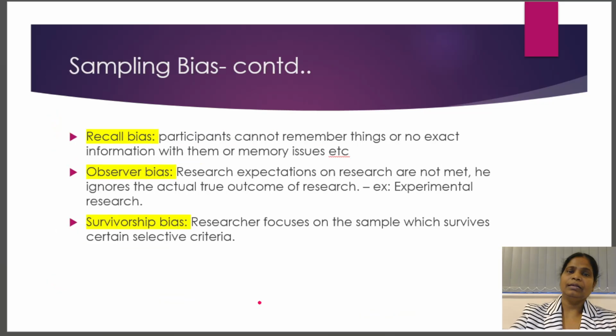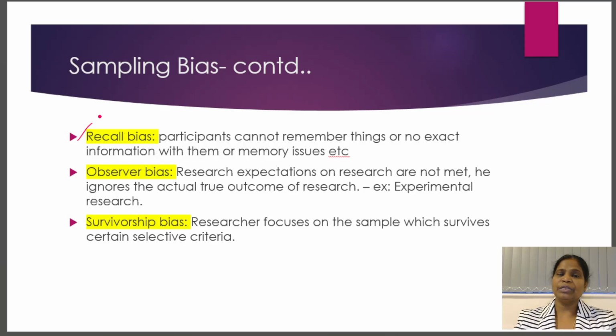Next, coming to recall bias. For example, in quasi-experimental studies where you structure teaching programs, it is done on a particular sample, a pre-test is done, then the intervention is given, then you go back for the post-test. Some participants might not remember what was told to them 10 days back or 15 days back.